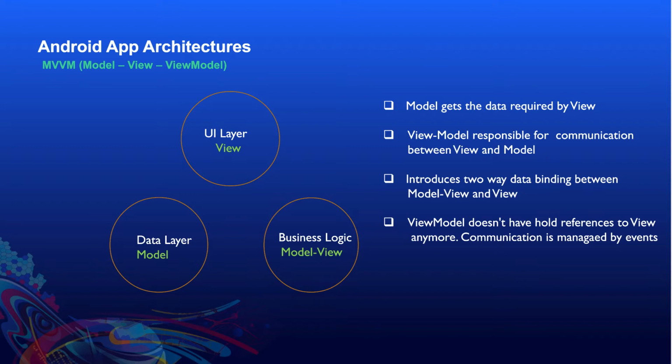So in MVVM, the view has a reference to the view model, but the view model doesn't have any information about the view anymore, and all the communication is only managed through events. So that's where we are currently with the MVVM pattern.